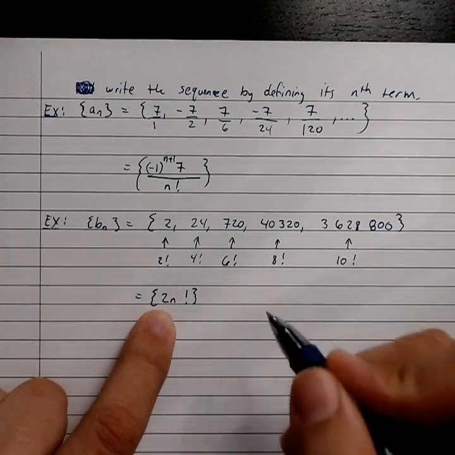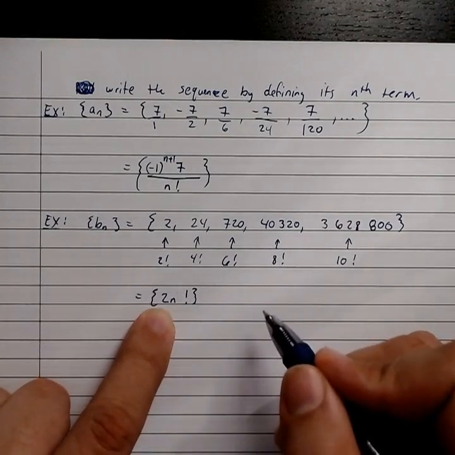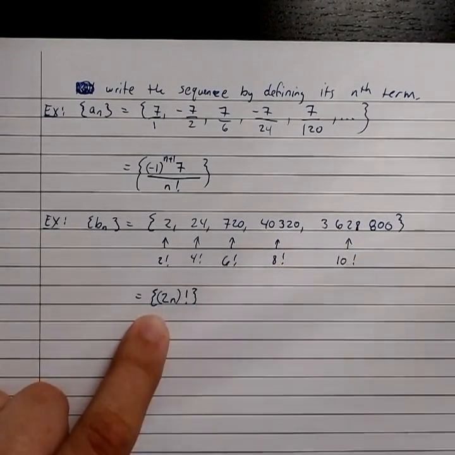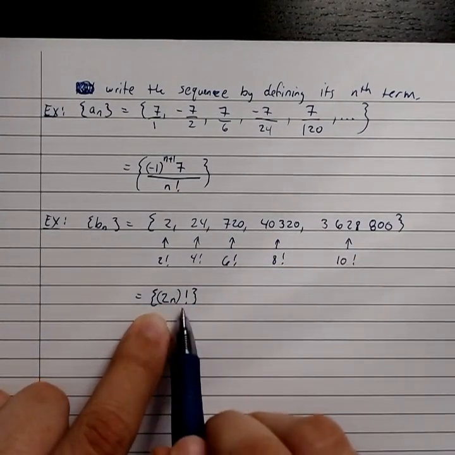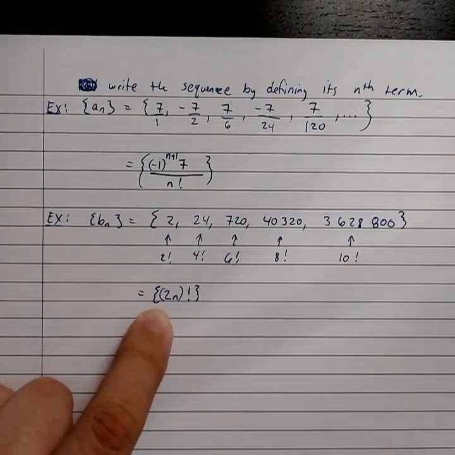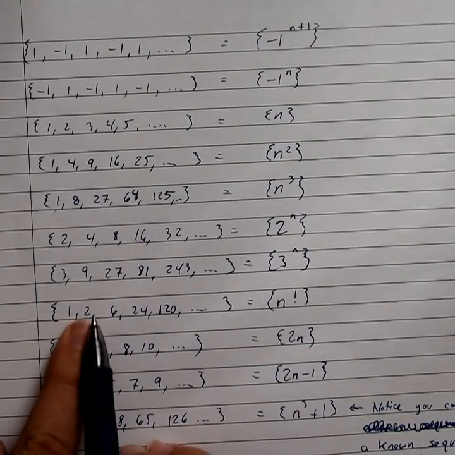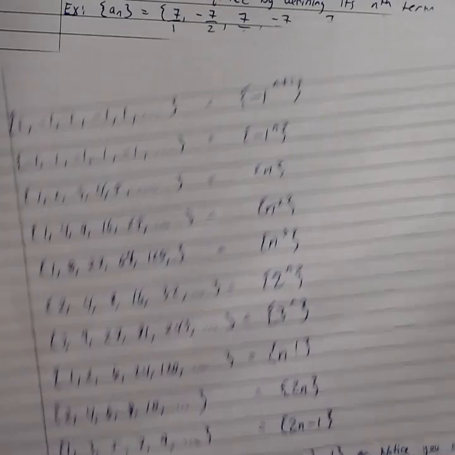So here, let's not get into semantics about which one should go first. Whenever you use a factorial, parentheses are your best friend. Here, this is the 2n factorial. If you do n factorial doubled, that gives you a different set of numbers. If you take n factorial and you double it, it's going to give you 2, 4, 12, 48.